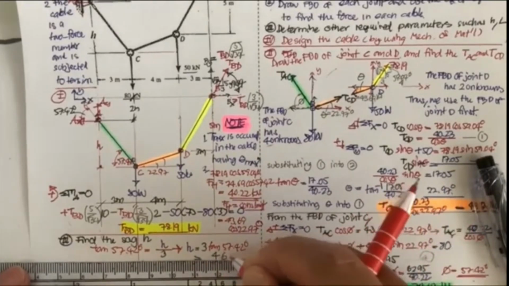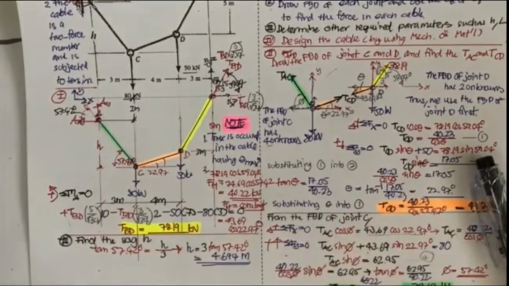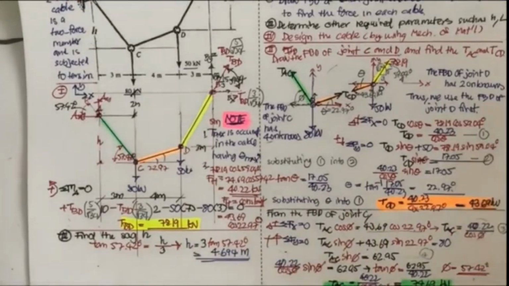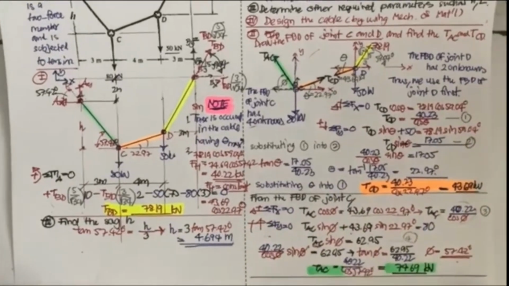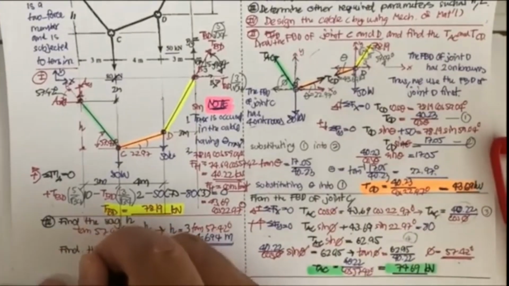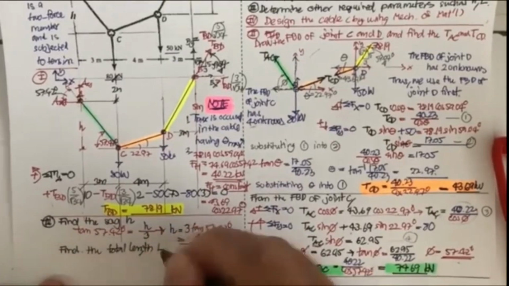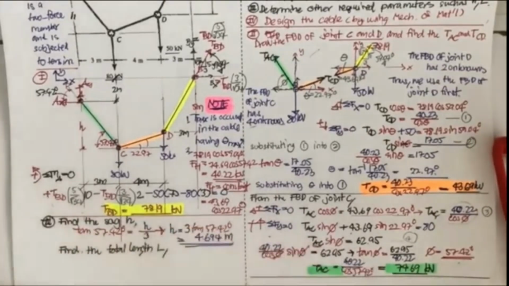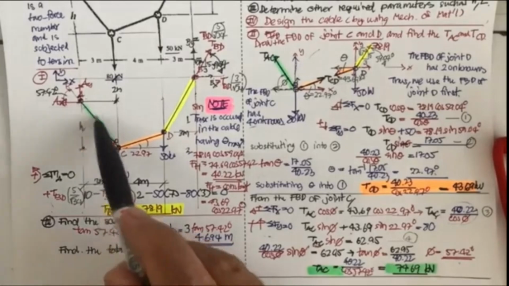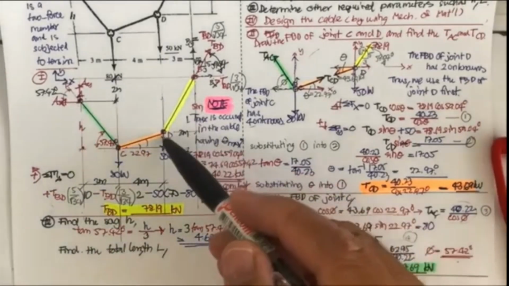This is 4.694 meter for the sag H. And now you may find the total length L, that means we are going to find all the green, yellow, and orange.